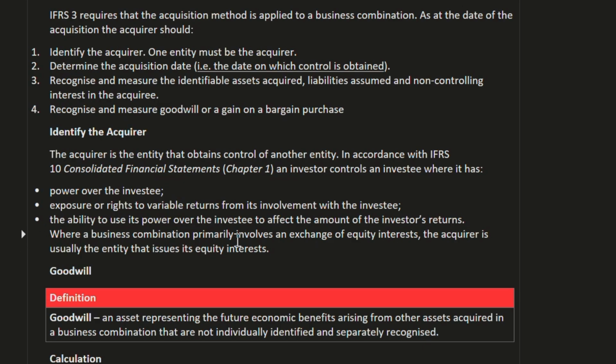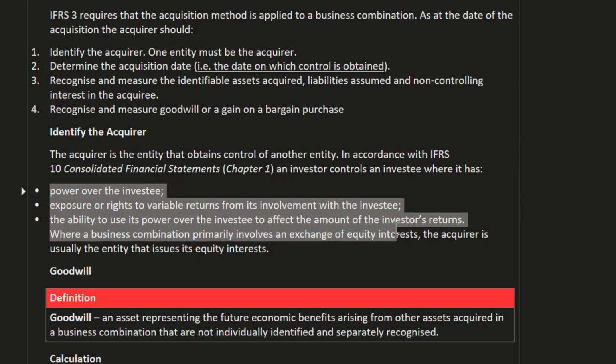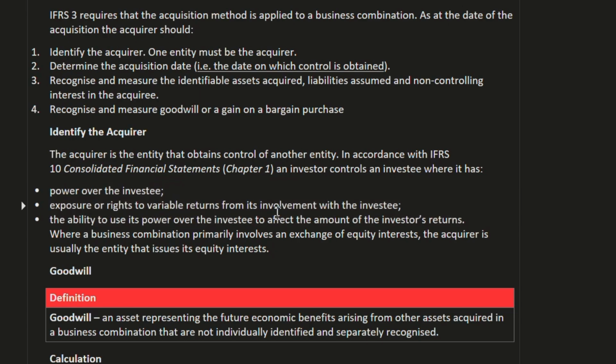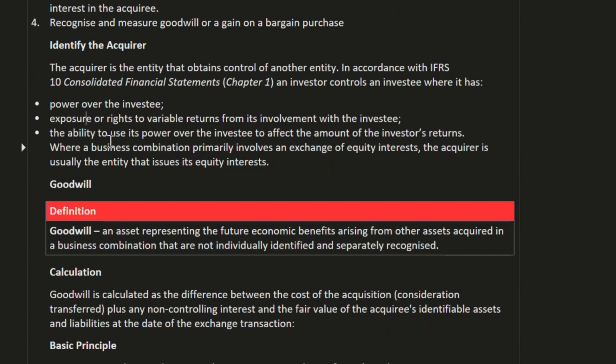Where a business combination primarily involves an exchange of equity interest, the acquirer is usually the entity that issues its equity interest. Here we have the meaning of control. What is control? Power over the investee, exposure or right to variable returns from its involvement with the investee, and the ability to use that power over the investee to affect the amount of investor return. Where a business combination primarily involves an exchange of equity interest, the acquirer is usually the entity that issues the equity interest.